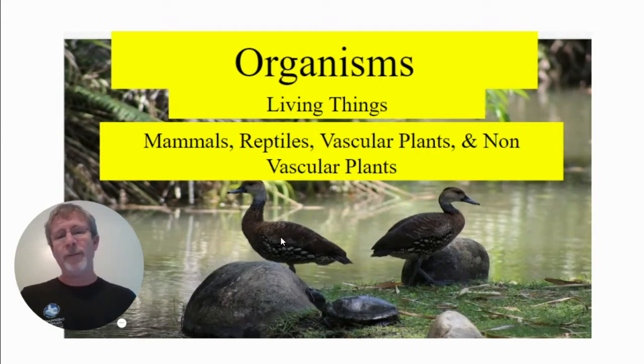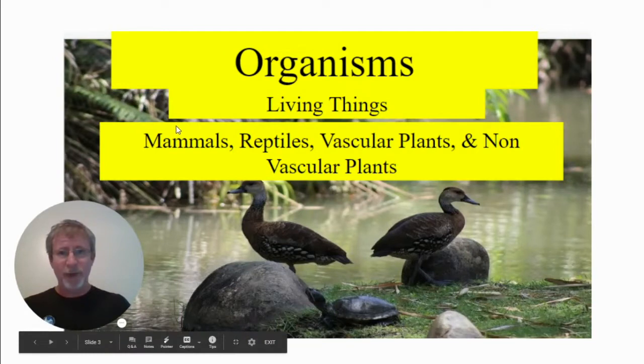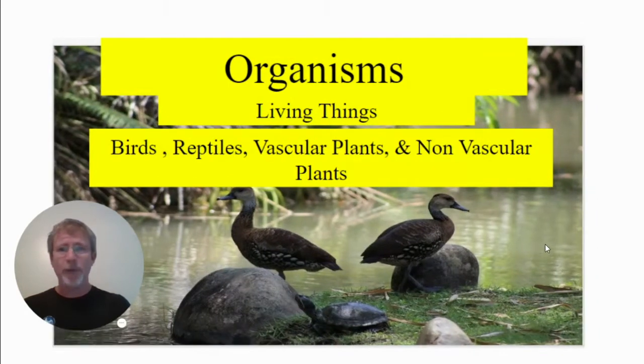This organism does not produce live birth. This organism does not give milk to its babies. So this is a bird based on classification. So bad, Mr. Jackson, let's put an X through mammals and let's turn that into birds.